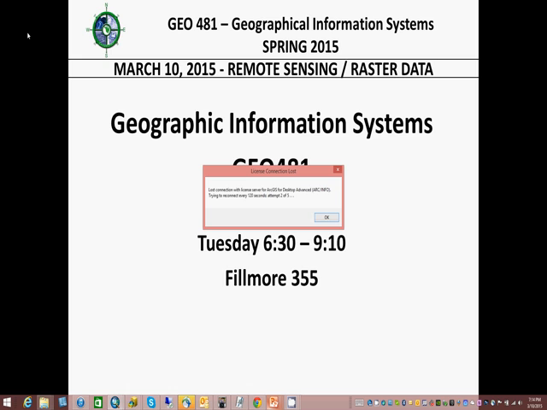This is what you would have to do: remember what a ratio scale is in comparison to a unit scale. We have inches here. To convert to a ratio, we need to get inches on both sides of the equation, and we would do that by multiplying by 12 because there's 12 inches in a foot.